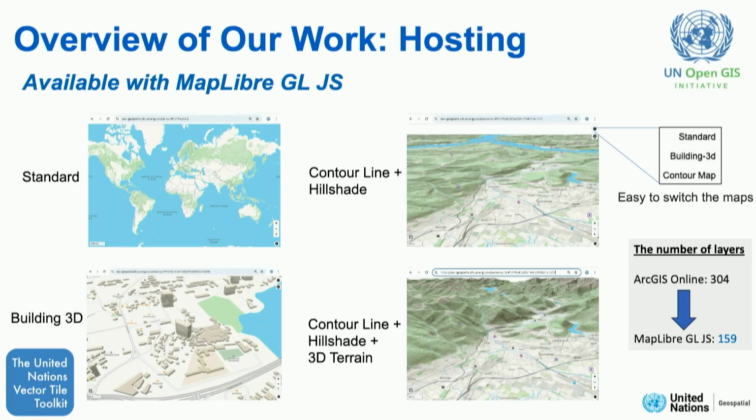For example, it's easy to switch the maps between standard, building 3D, and contour maps. As for the number of layers, we were able to reduce it from 304 in ArcGIS Online to 159 in MapLibre GL JS by applying MapLibre specifications.